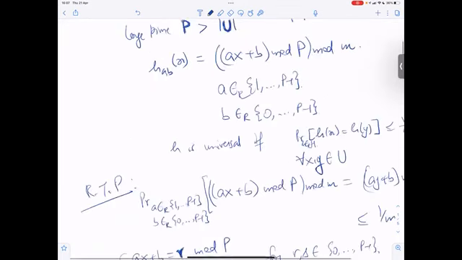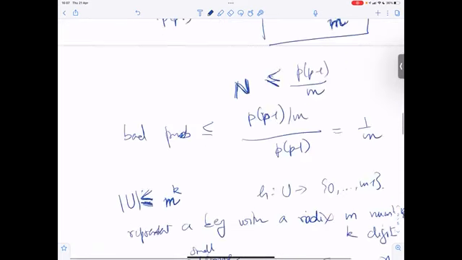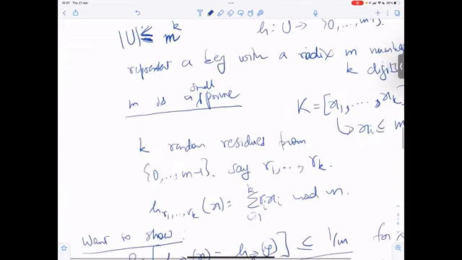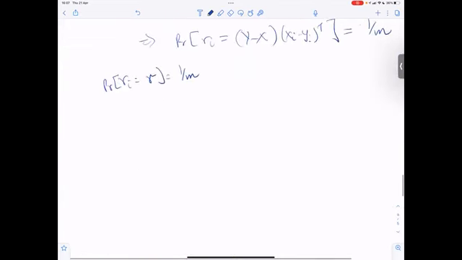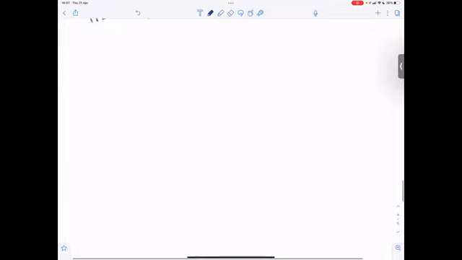Okay, so now having told you a little bit about hashing, let's see one more application of hashing. This is the so-called Bloom filter. It supports the following operations.